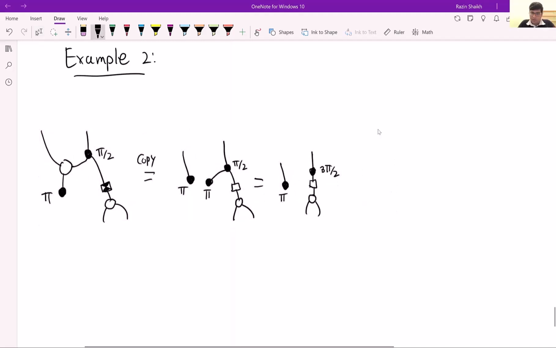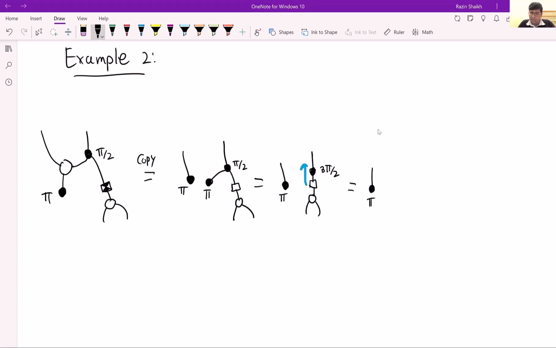Now, what we can do here is take this color change box, and if we pass this up, then notice that the color of this black spider will become white. And there it will be a white spider connected to the white spider, so we might be able to fuse them. It will be nice to get more simplification.